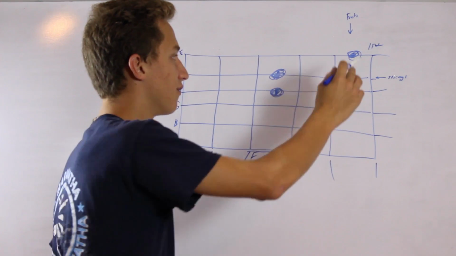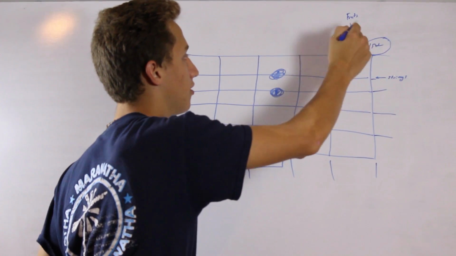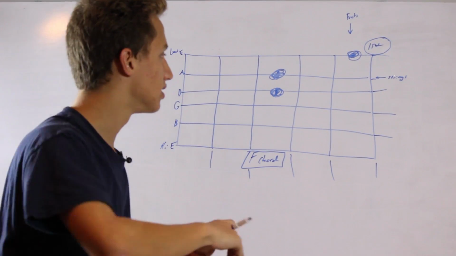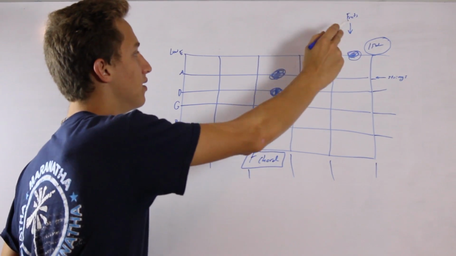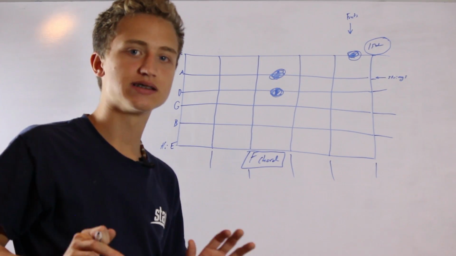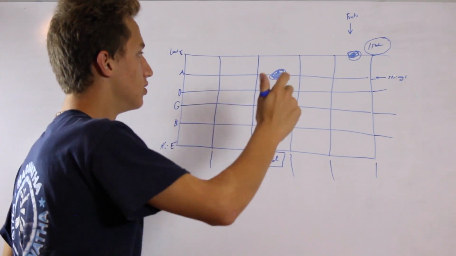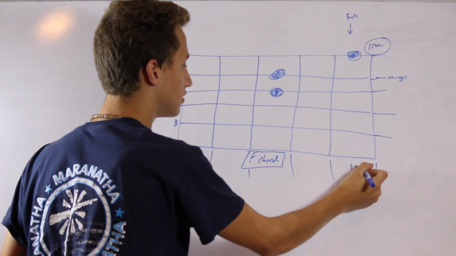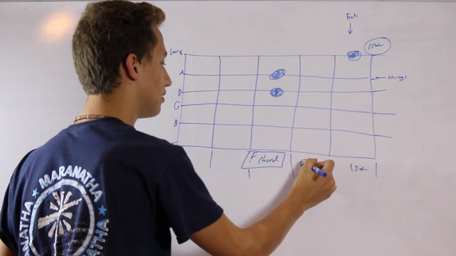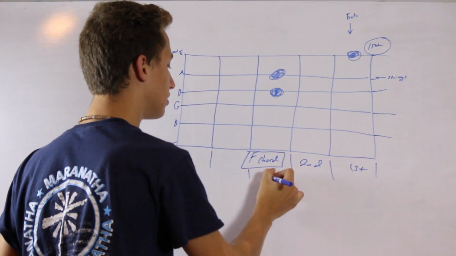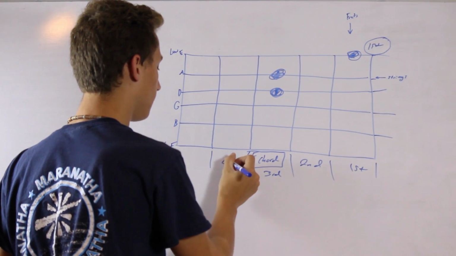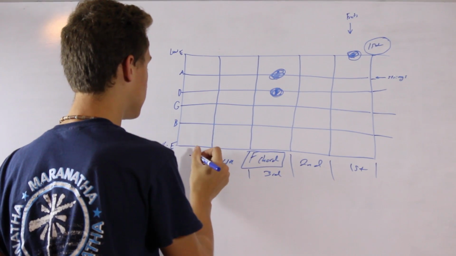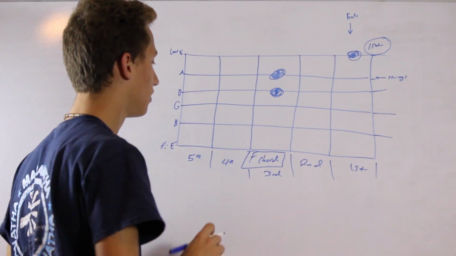It's going to represent whatever fret it says right up here in this corner. This says first fret, just for simplicity's sake. So this is the first fret, this is the second fret, this is the third fret, this is the fourth, and this is the fifth.